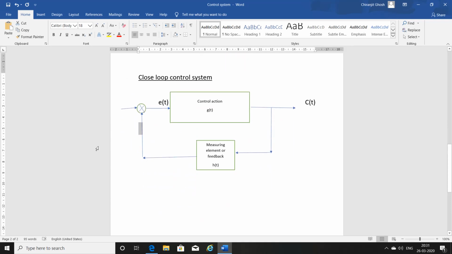So what is a closed loop control system?